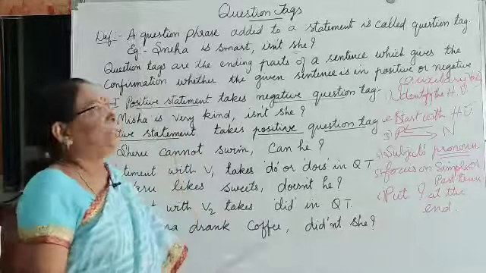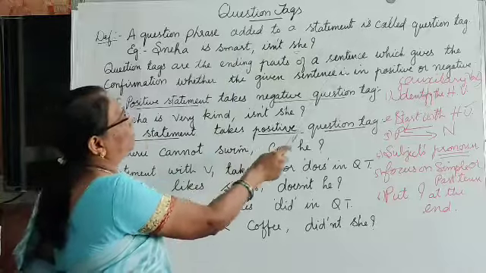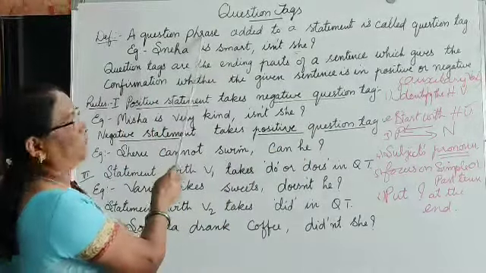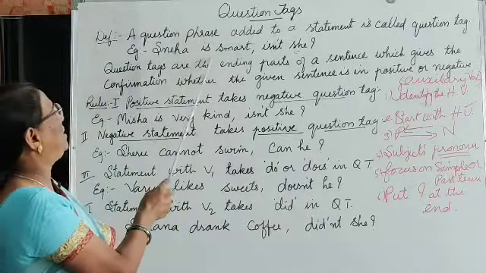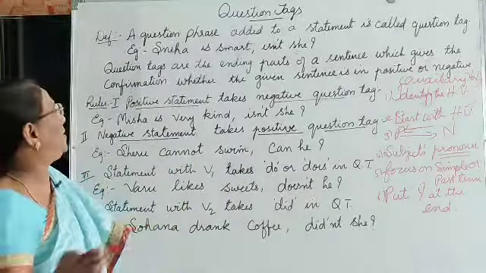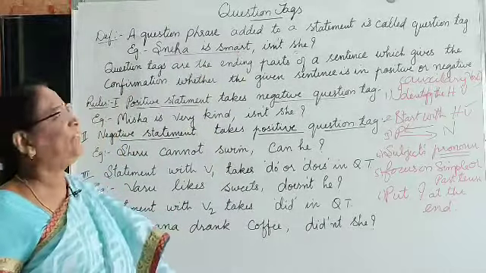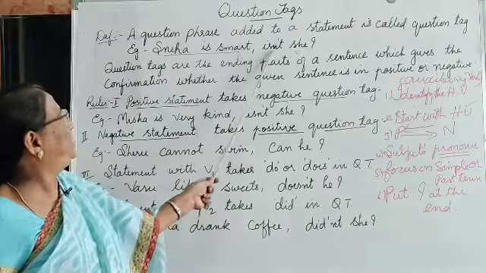As I said, a question phrase added to a statement is called a question tag. For example, this is a statement: Sneha is smart. After every statement there is a comma, and this is the question tag.